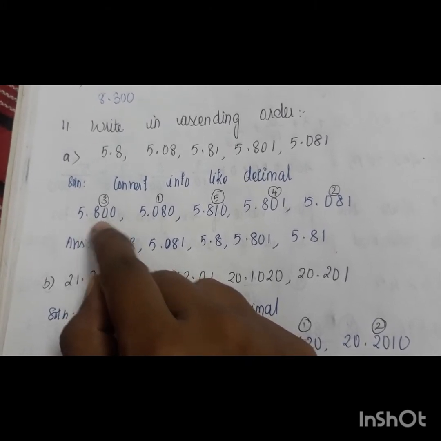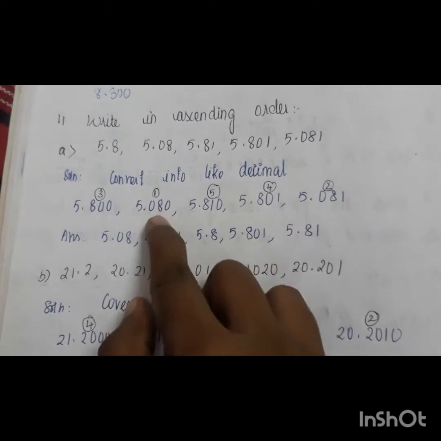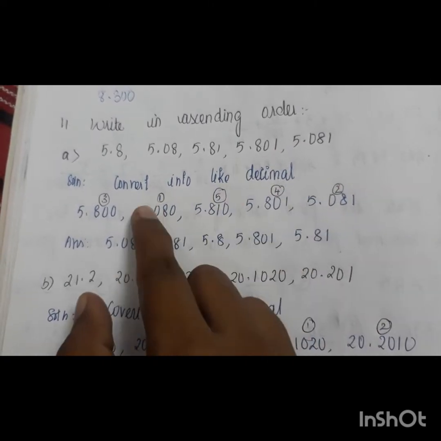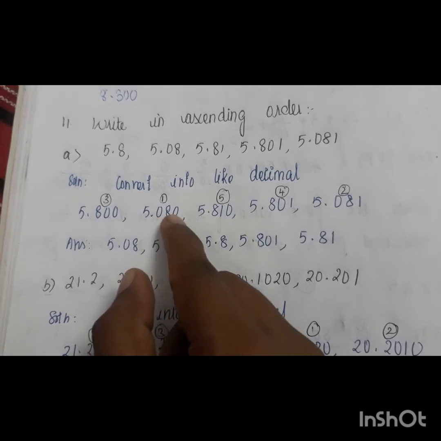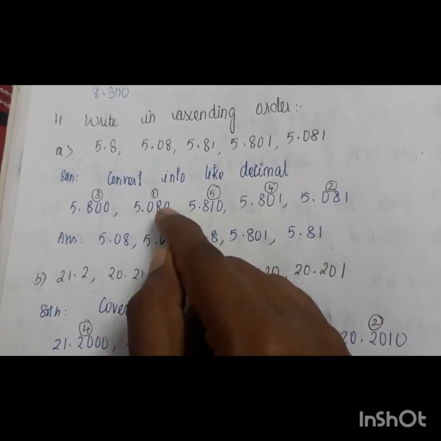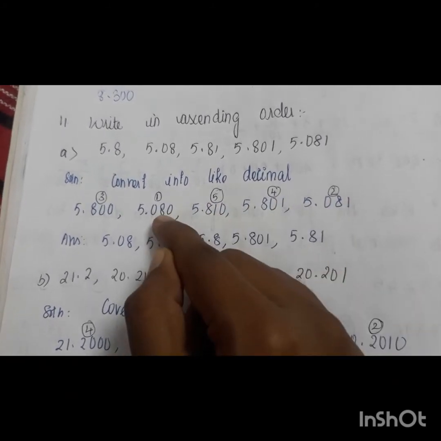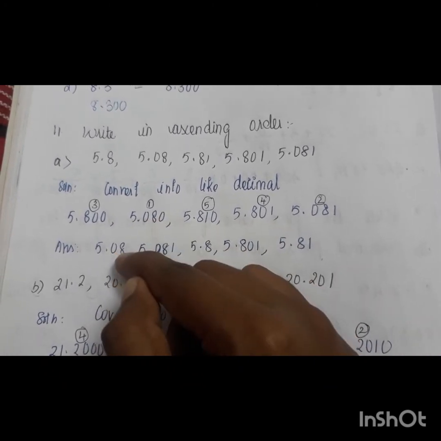Here 8 is there, 0, 8, 8, 0. So two numbers have 0, and you have to compare these two. When you move on to the second leftmost, here 0, 8, here 0, 8, same. So we'll move on to the third. So 0, 1, right? 0 is lesser than 1, so this will be the first number, 5.08.